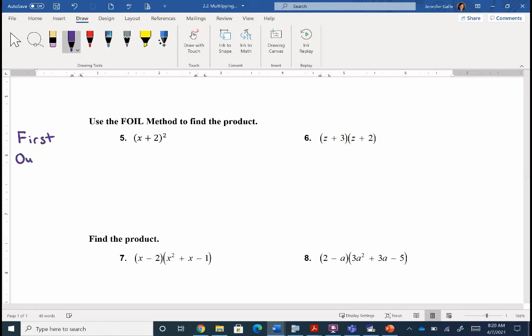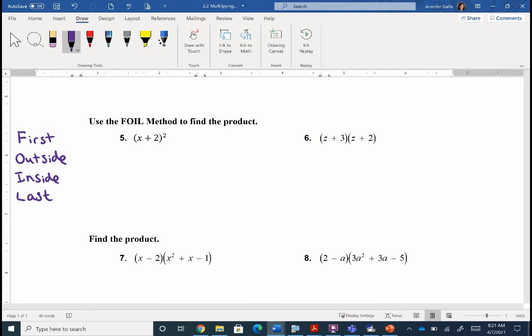The O stands for outside. The I stands for inside. And the L stands for last. We're going to walk through and talk about what first, outside, inside, last means. It's our third and final method.